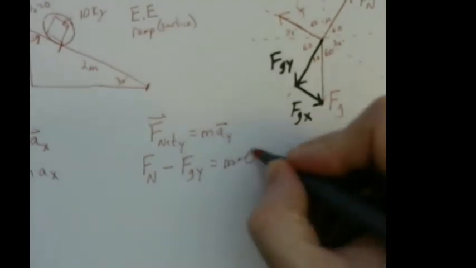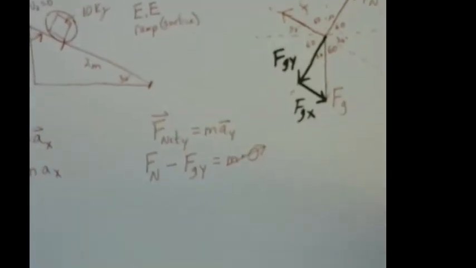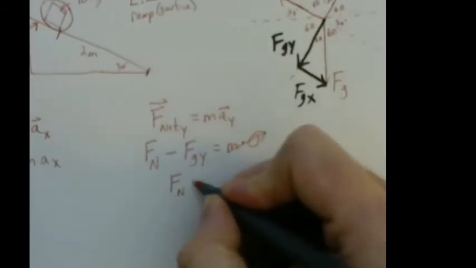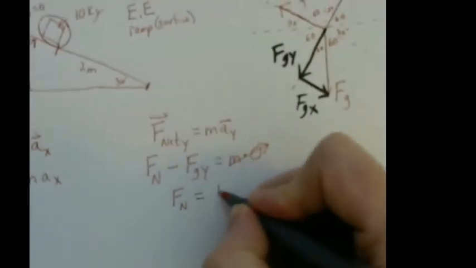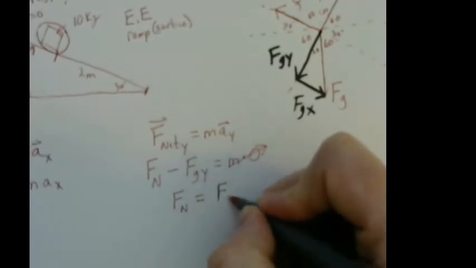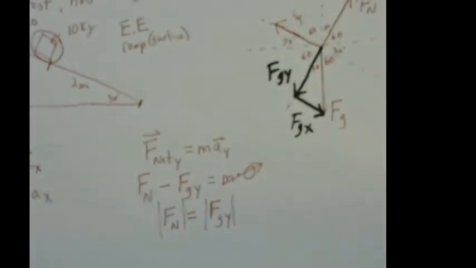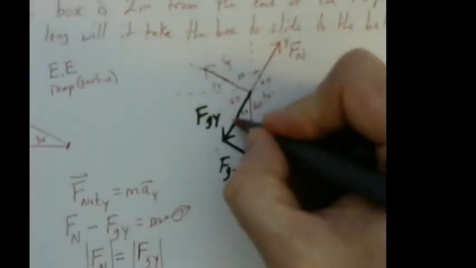So this whole thing goes straight to 0, which tells us an important piece of information. The normal force is equal in magnitude to F_Gy. We have to be careful with direction, but in magnitude, these two things are exactly the same, which we could have filled in right off the bat. We knew that was true from the beginning.